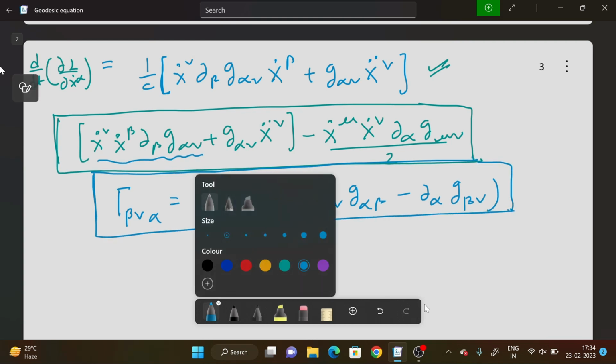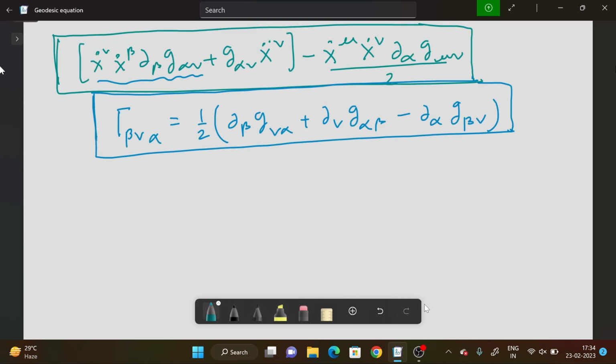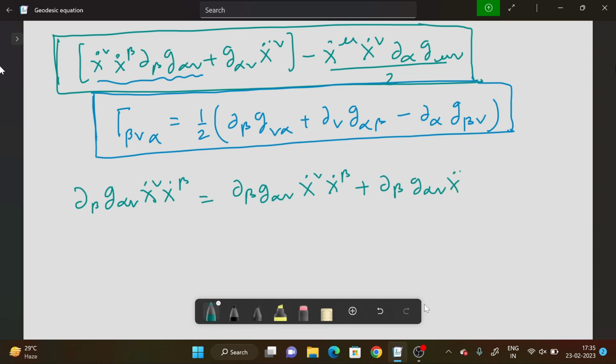So, how do we manipulate? Let's see. First, let us isolate the term that we want to manipulate. We want to manipulate d beta of g alpha nu times x dot nu times x dot beta, and notice this thing can be written as d beta g alpha nu x dot nu x dot beta plus d beta g alpha nu x dot nu x dot beta, and the whole thing divided by 2, right?